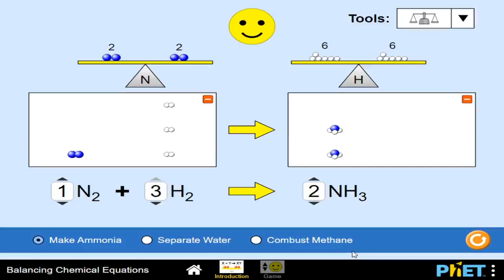The next question is, does this simulation allow you to change the subscripts in the formulas? Why or why not? Now, again, this is a benefit that you guys are having with virtual school. A lot of students try to just add in some nitrogens by themselves on one side, or just a hydrogen atom by itself on the other side. You can't change subscripts. You can't just add on extra atoms.